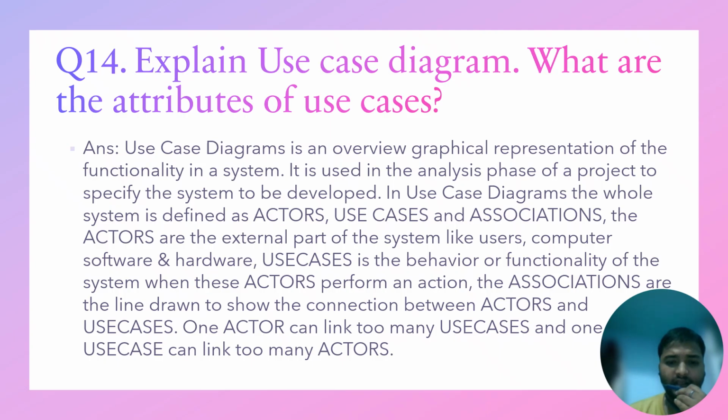The actors are the external parts of the system, like users, computers, and hardware. A use case is a behavior or functionality of the system. When these actors perform an action, the association, a line drawn, shows the connection between actors and use cases. One actor can be linked to many use cases, and one use case can link to many actors.